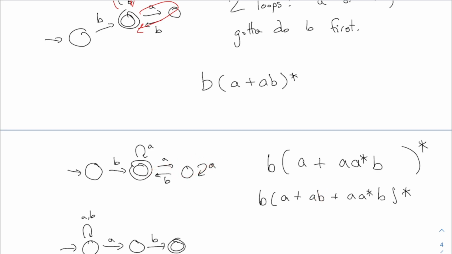Or you could do some of the extra A's and that would be this alternative. But really, since this star here includes doing 0 repetitions in this position, this part of it already encompasses that alternative. So it's not wrong, but you might as well just not include that because that piece is redundant with the A star B.